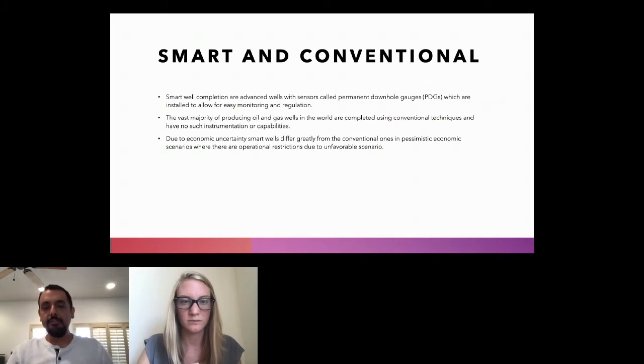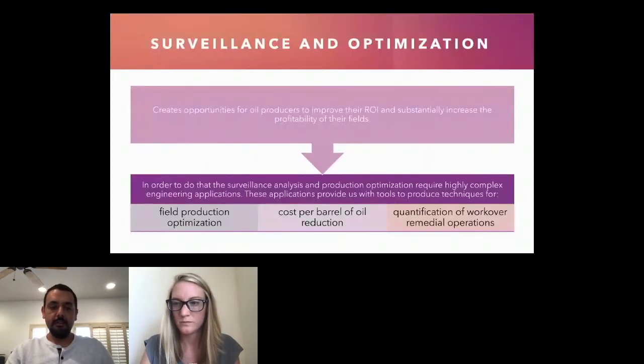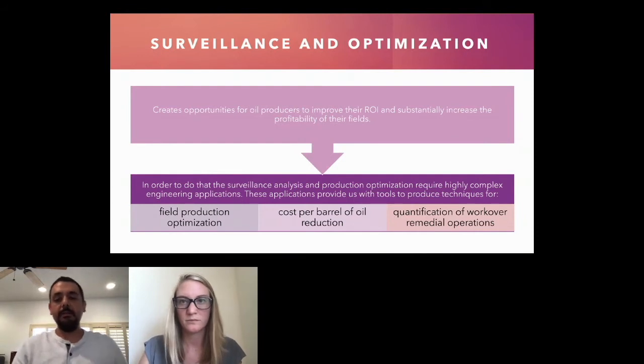And so we have to come up with a strategy or a way where we can help production optimization using temporal data. In order to do that, we need surveillance and optimization. Surveillance and optimization is whereby we can increase the ROI and profitability of an oil field.